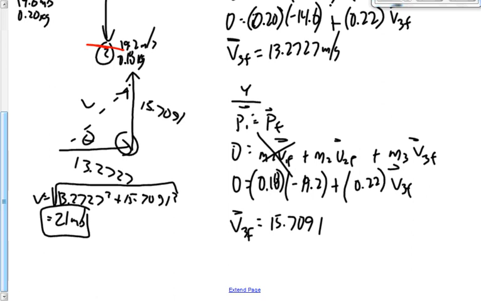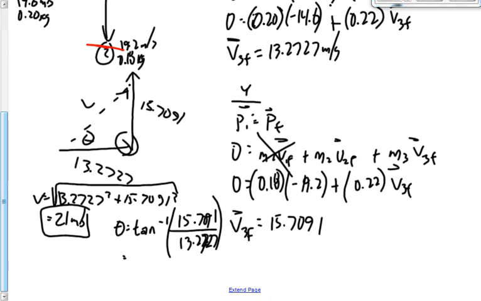We're going to find our angle by using the inverse tan function of opposite over adjacent, 15.7091 divided by 13.2727. Make sure you're in degree mode. Okay, on your calculators, after they get cleared on your unit test, click sine 90. What should it equal? If you're in degree mode, it should be 1.